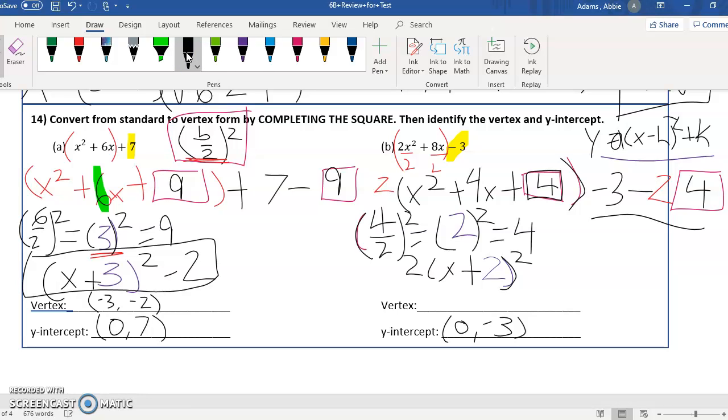So I've got negative 3 minus 2 times 4. That's negative 3 minus 8, which is the same thing as negative 3 plus a negative 8, giving us minus 11. So our vertex form here is 2 times (x plus 2) squared minus 11. And the vertex from this: this is a positive 2 on the inside of the parentheses, so it's going to become negative 2. And we're left with negative 11 as our k value.